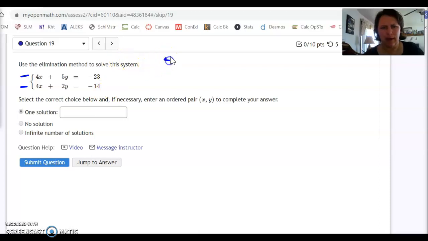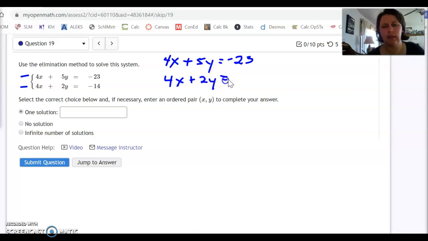So when I have numbers that are exactly the same, or variables, so I have 4x plus 5y equals negative 23 for my first equation. And then for my second equation, I have 4x plus 2y equals negative 14.